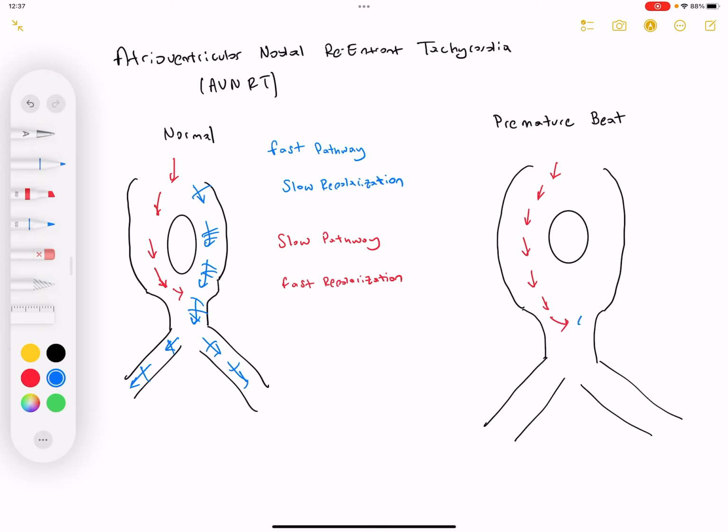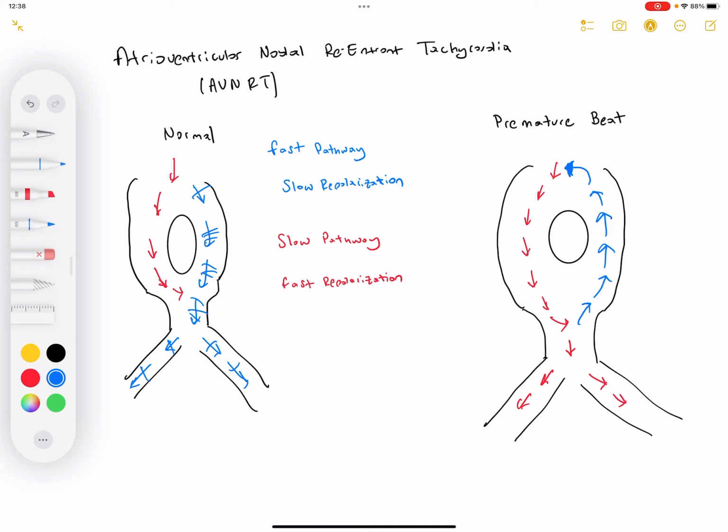So now the fast pathway is going to carry a signal to the top, and then it's going to start this process all over again, because the slow pathway repolarizes really quickly, and so by the time the fast pathway has gotten to the top, the slow pathway is able to transmit a signal again.